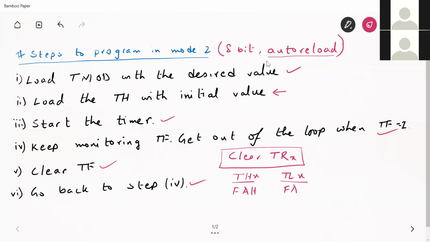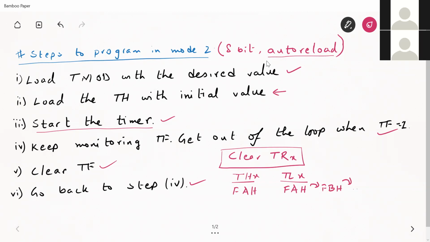That means TL will also get the value FAH. Then when you start the timer, your TLx will start counting. That means from FAH, it will go to FBH, then to the next one, and so on.